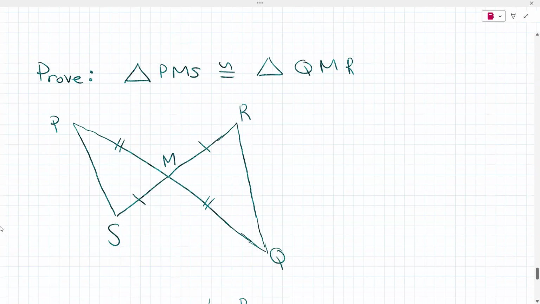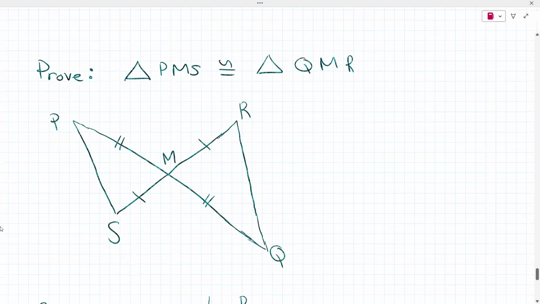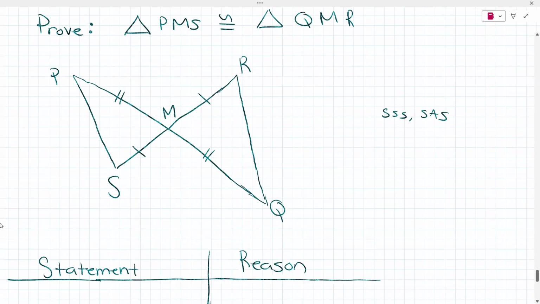So we're trying to prove two triangles are congruent by either SAS or SSS postulate, right? So our last statement will be either SSS postulate or SAS. What do you think?